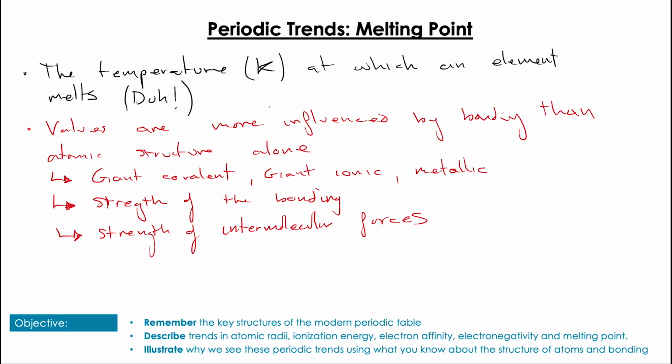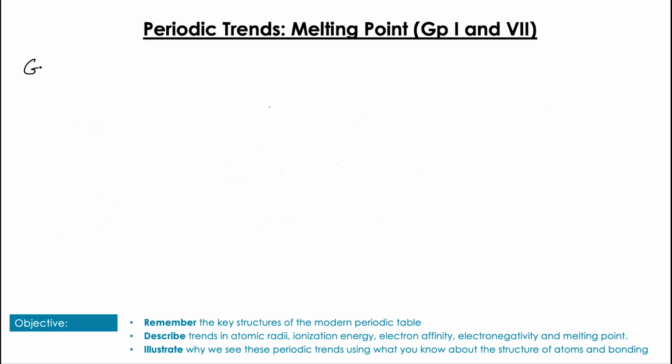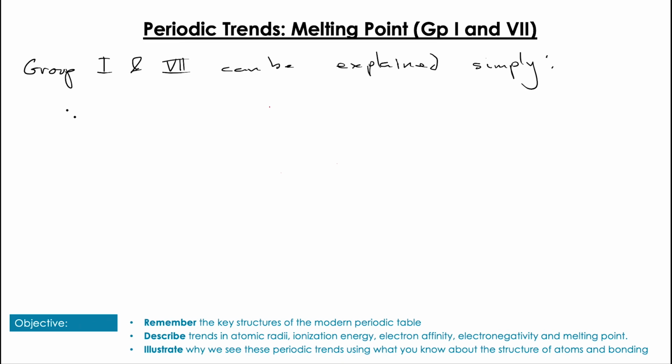So when we think about melting points, there's less of a general trend apart from when we look at group 1 and group 7. So the group 1 and group 7 or 17 elements allow us to employ the trends and properties that we know the periodic table shows us to have a look at what happens with melting point.